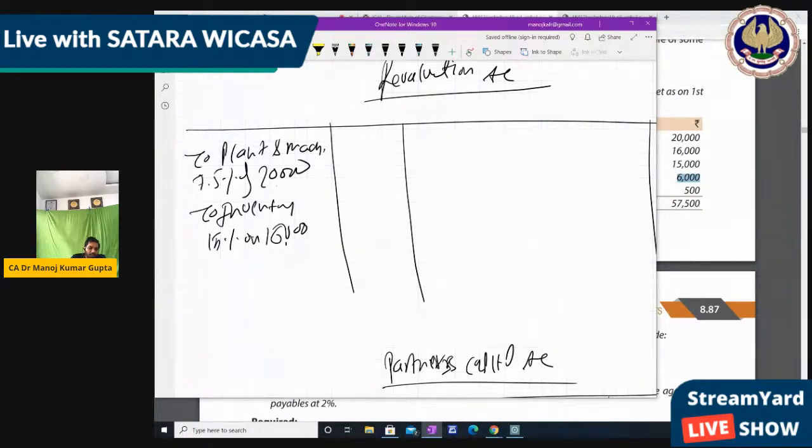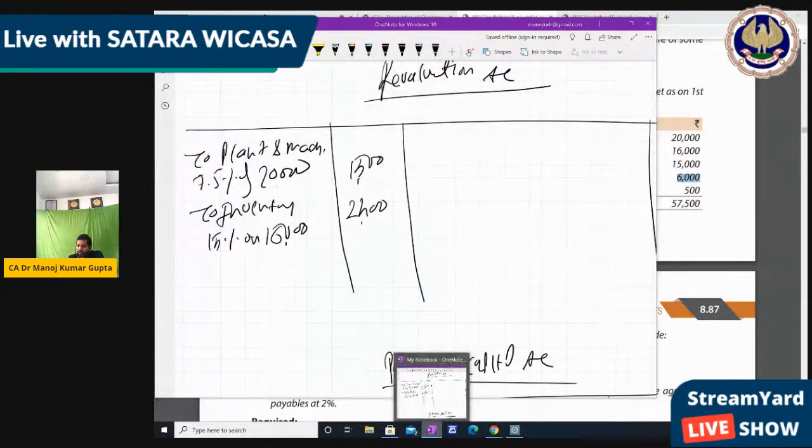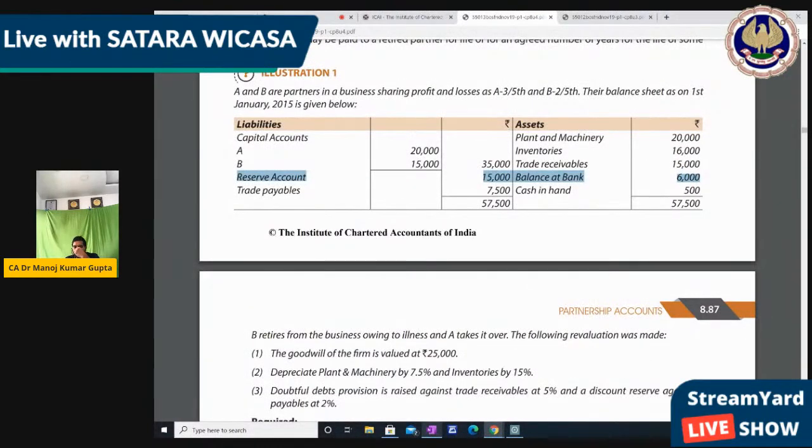So 20,000 into 7.5% is 1,500, and 16,000 into 15% is 2,400. Right? So this is the revaluation of plant and machinery at 7.5% and inventory at 15%.